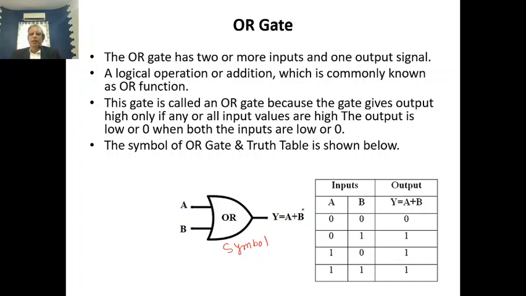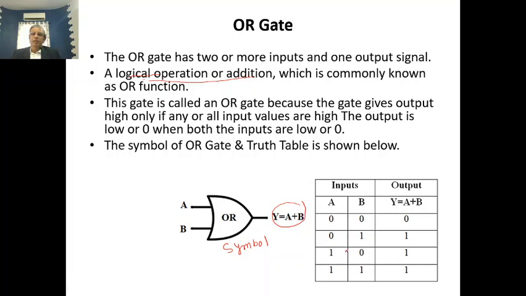And this is the Boolean expression for the OR gate, that is y equal to A plus B. And this gate performs, with this plus operator, the logical operation of addition.